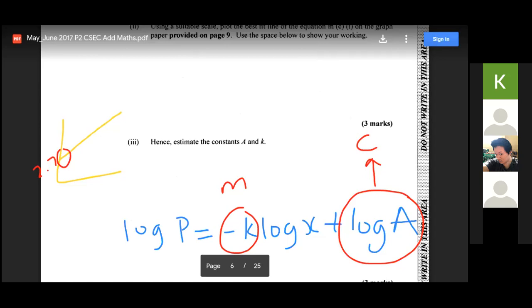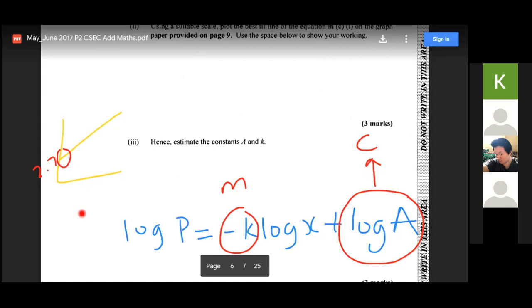They want me to find A, the value of A, right? 2.7 is not the value of A. Log of A is equal to 2.7. You understand what I'm saying? Yes, miss. We said C is log of A. C is also known as my y-intercept. We did that when doing coordinate geometry. I found out by looking at my graph that the value of the y-intercept is 2.7.